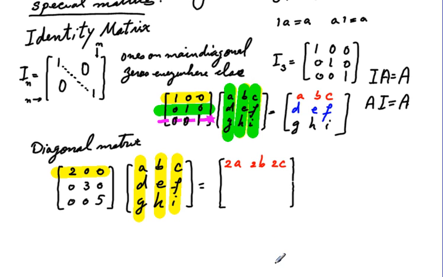Then the 3 is a scalar for the second row, so I multiply the second row by it. The net effect is to triple the second row. And what do you think the last one is going to do? Of course, quintuple the last row, so it's going to be 5G, 5H, 5I.